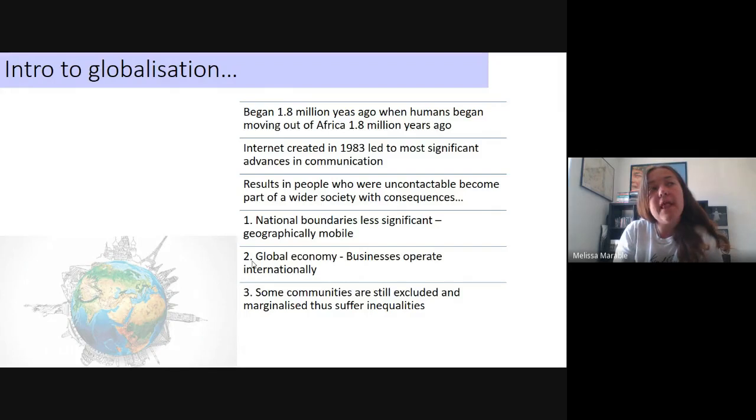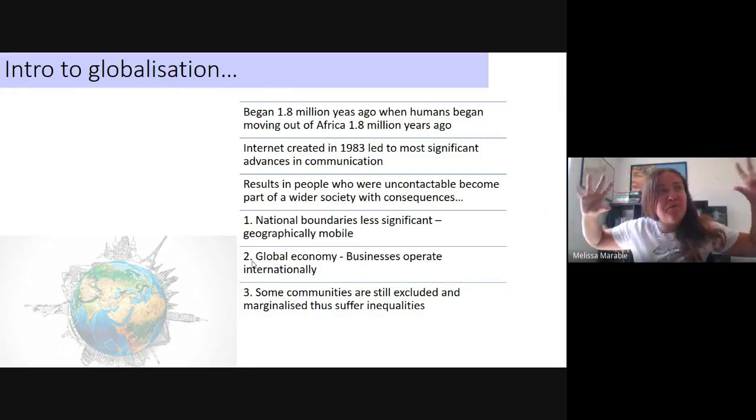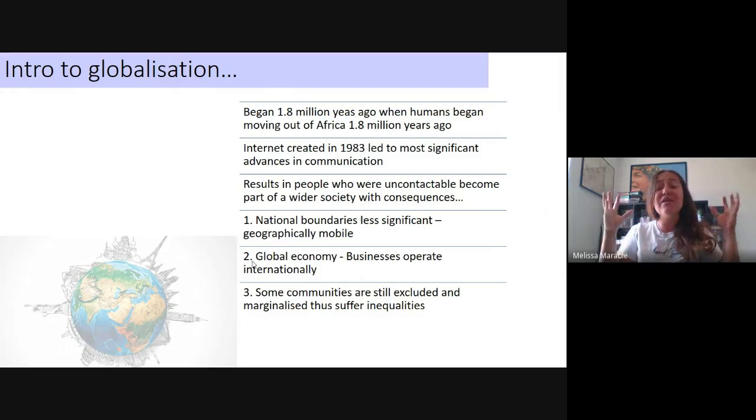Now, the internet, which is what we're looking at, was only created in 1983. For nearly 2 million years we have been spreading ourselves around the globe. However, it was only in the last 40 years, since 1983, that we've seen the biggest impact on the world, and it's due to the internet.